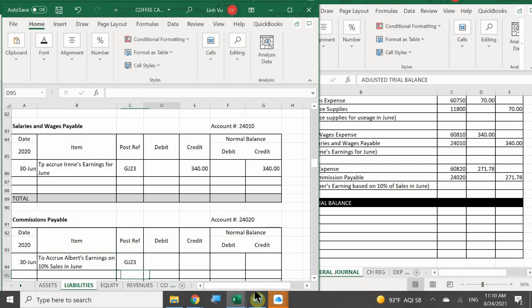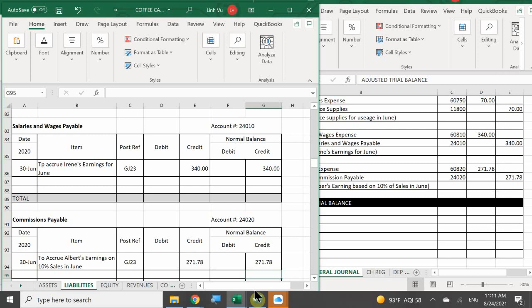General Journal 23, and we owe Albert $271.78. Okay, which is going to be my credit balance. And there we have it.